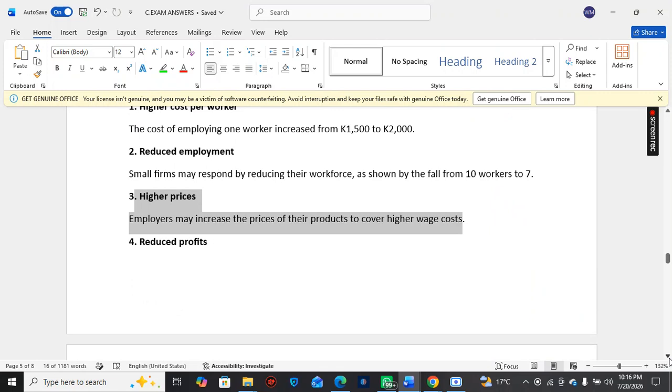When that cost increases, not only does it affect revenue, it's also going to affect your profits. Your profits might go down because now you're producing less. Or if you try to increase your price, maybe customers buy less from you. So profits can also drop.